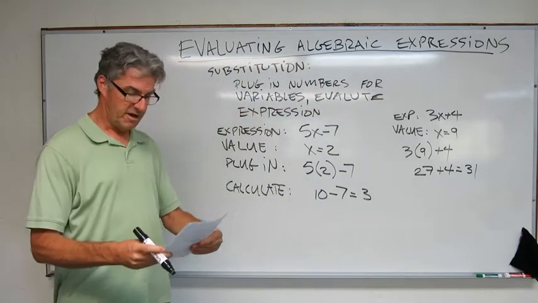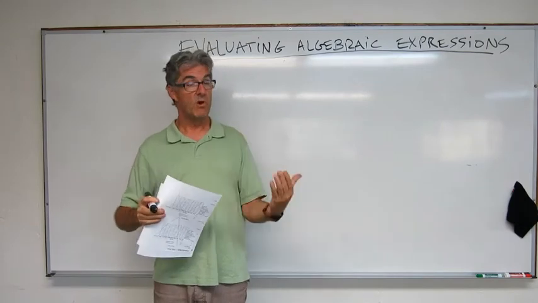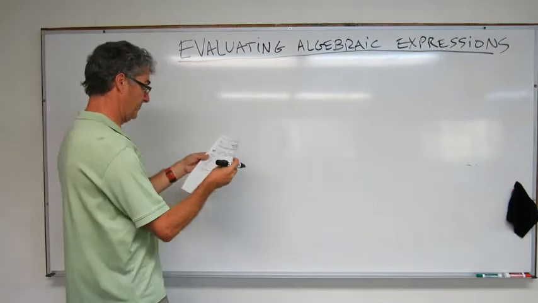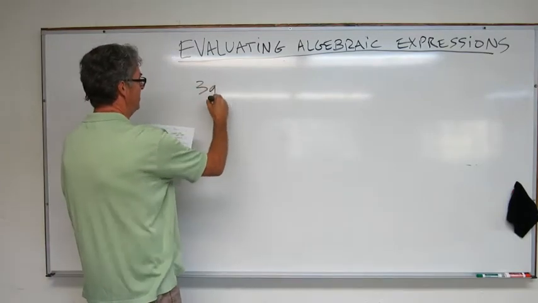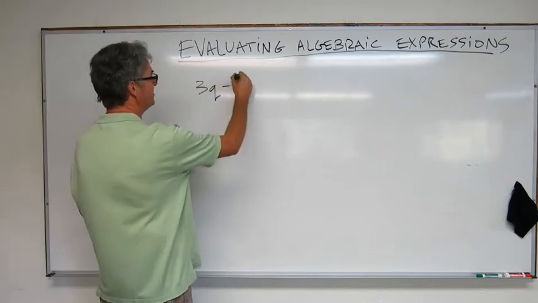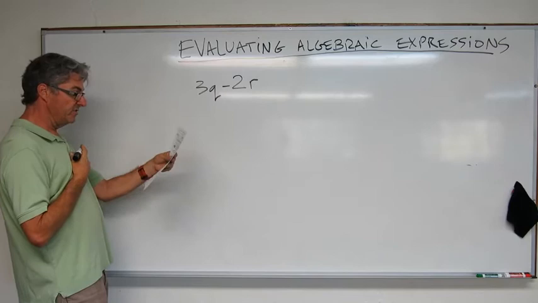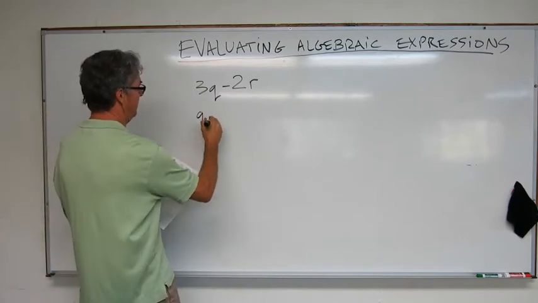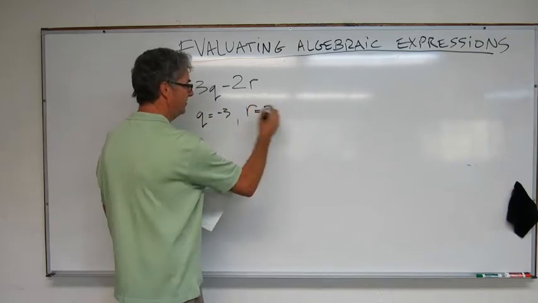Okay, great. These can get more complicated because we can put more than one kind of variable in an expression. For example, 3q minus 2r. So there's our expression. Our values are going to be q equals negative 3 and r equals 2.